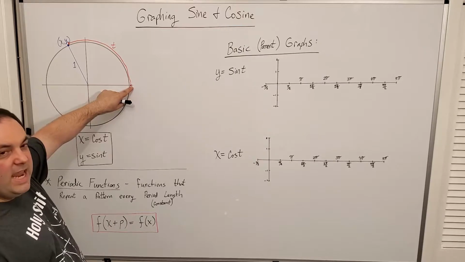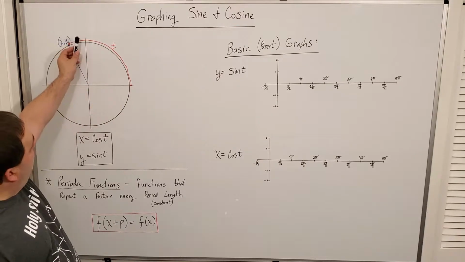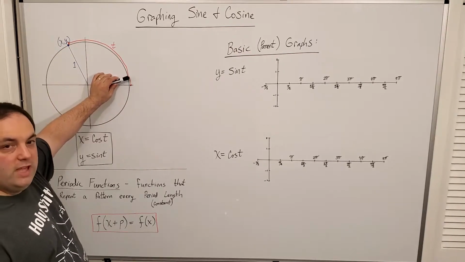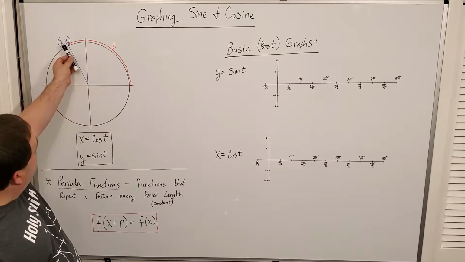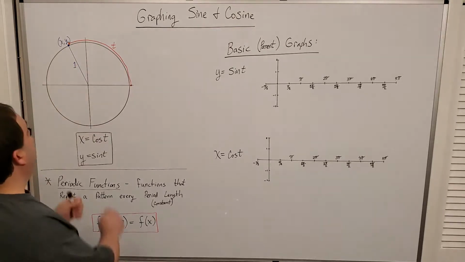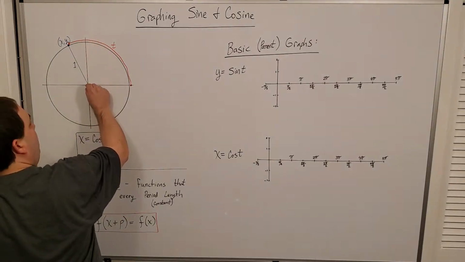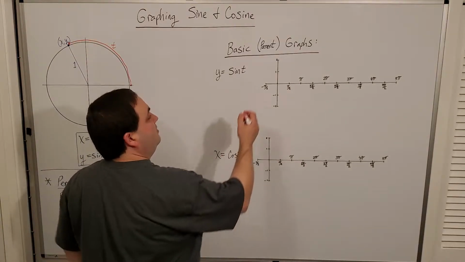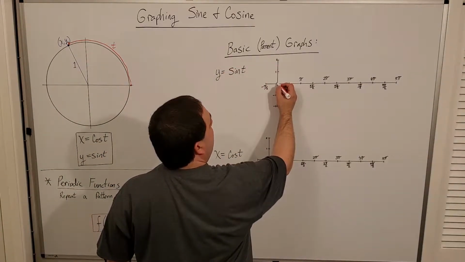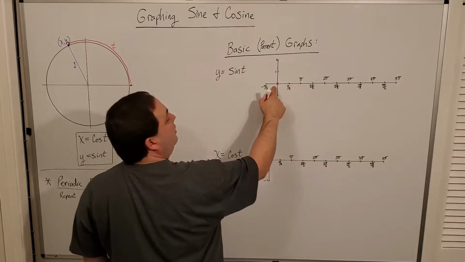But I'm starting here. Notice when my t is 0, no rotation, my y value is on the axis. See, I'm going to go all the way down here, and my y value just rests right on the axis here. And you already know this. The sine of 0 is 0. So I have this point on my graph right here.